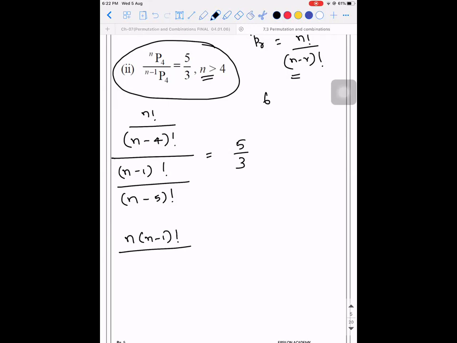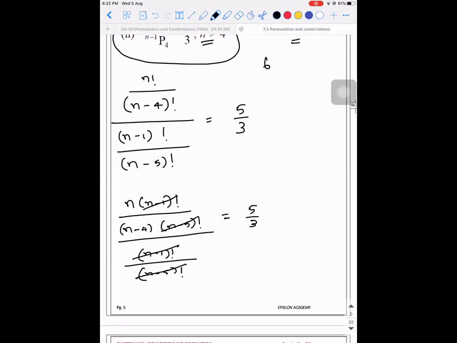N minus 4 is bigger. So (n minus 4) into (n minus 5) factorial, the whole divided by (n minus 1) factorial divided by (n minus 5) factorial. This and this will get cancelled. N minus 1 factorial will get cancelled. Answer will be 5 by 3, which implies 3n is equal to 5n minus 20, which implies 2n is equal to 20, and the value of n is 10.